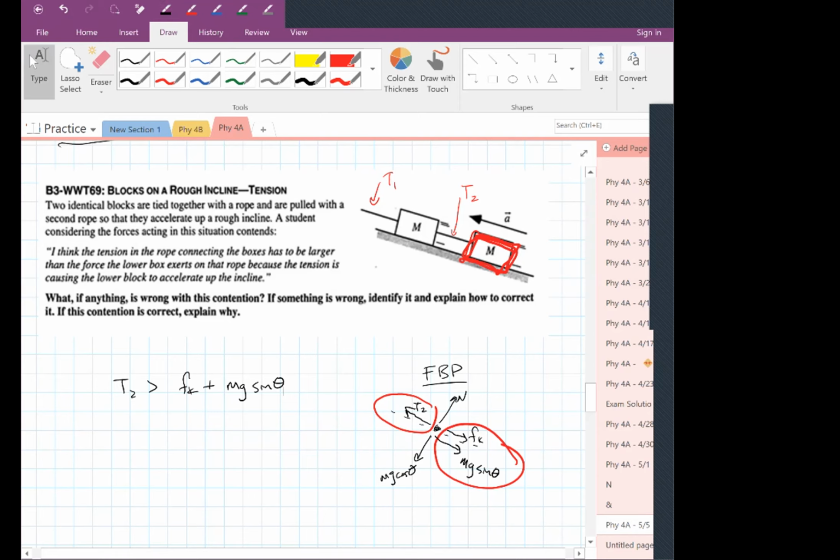So what is the person saying here? The tension in the rope has to be larger than the force the lower block exerts on the rope. So what is the tension in the rope? It is the force the rope is exerting on the lower box. And so how much force is the lower box exerting back onto the rope?